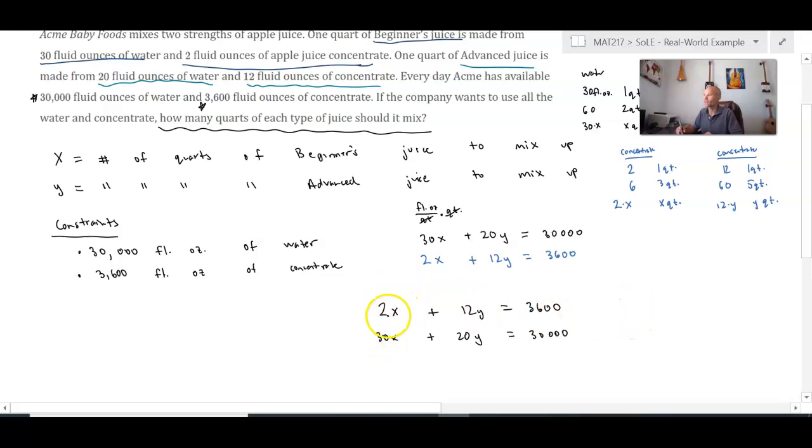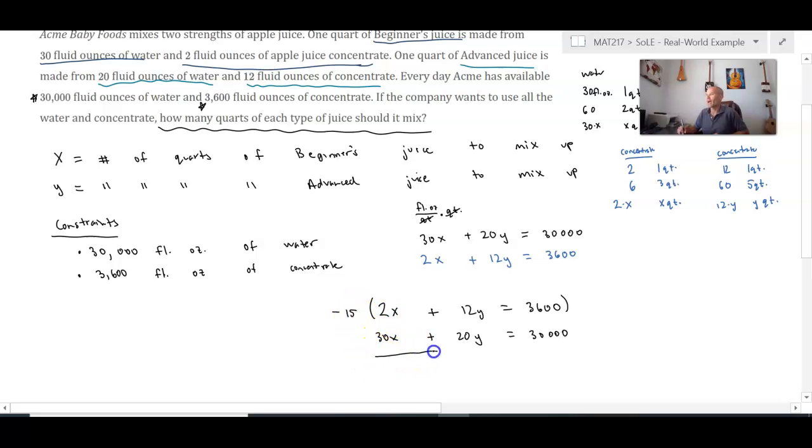I see here that if I add a multiple of the first equation to the second one, I can have the 30x be canceled out by some multiple of 2x. Well, if I take the first equation and multiply it by negative 15 and add it to the second equation, the reason I chose that is because negative 15 times 2 is negative 30.